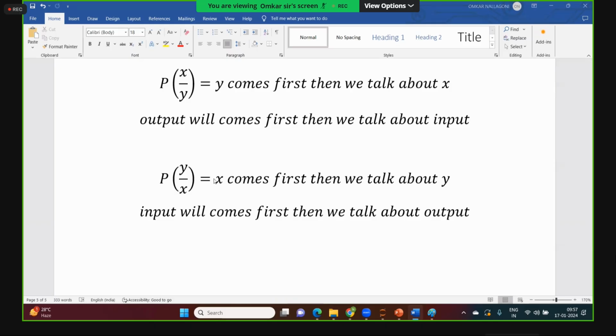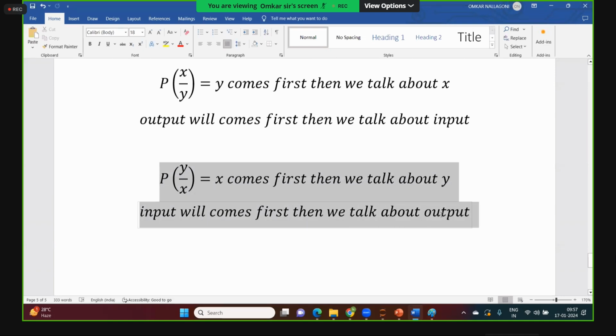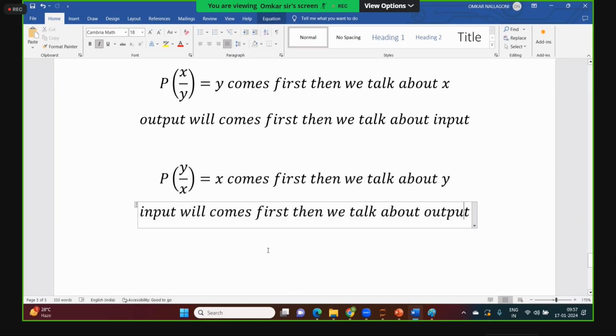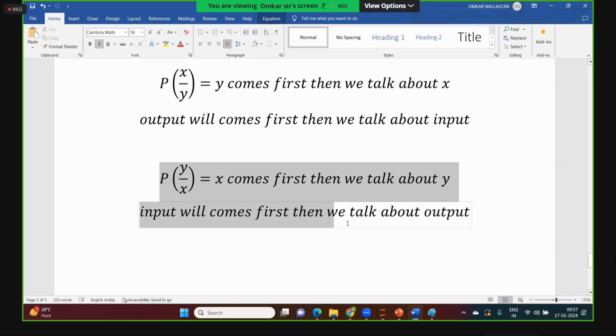So the second one is what your machine learning model will provide. You develop the ML model, then you pass the new input, then the ML model will provide the output. That means input comes first, then you talk about the output. So this is provided by the ML model. Understood? Can you please confirm in the chat?